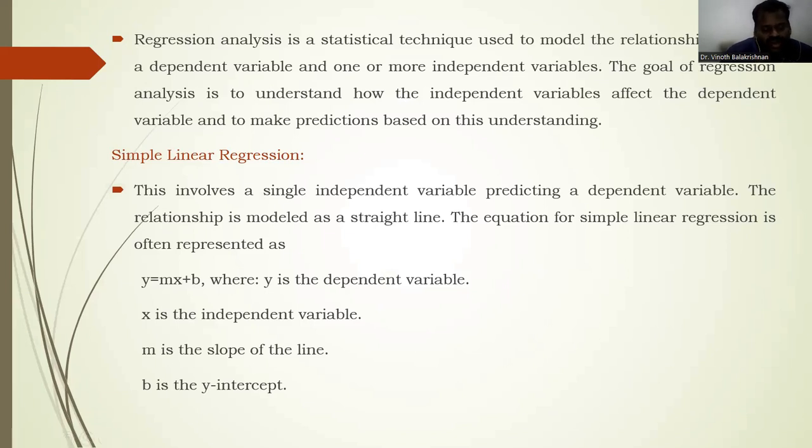Why do we use ordinary least squares? Because there are many methods to estimate the unknown parameters, for example the method of maximum likelihood estimation and the method of moments. There are so many methods out there. Why specifically use ordinary least squares? Because this method gives the unknown parameter values with the minimum error.